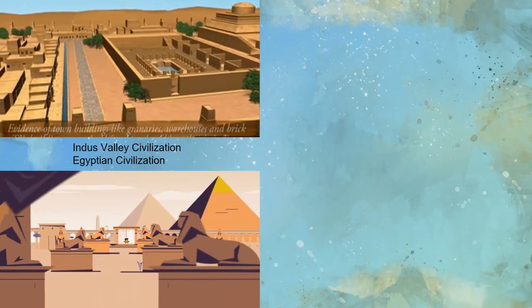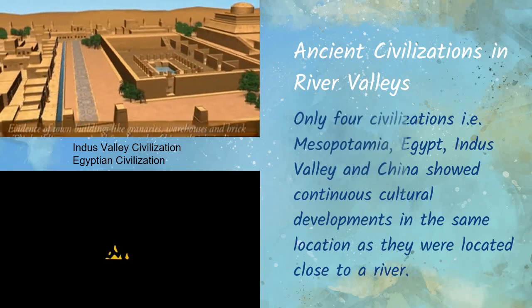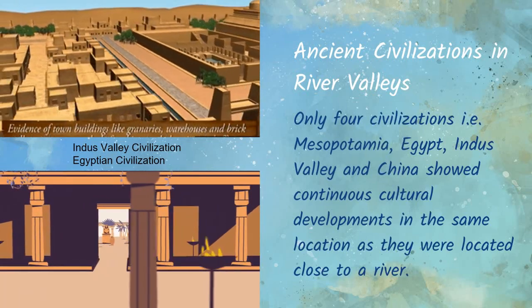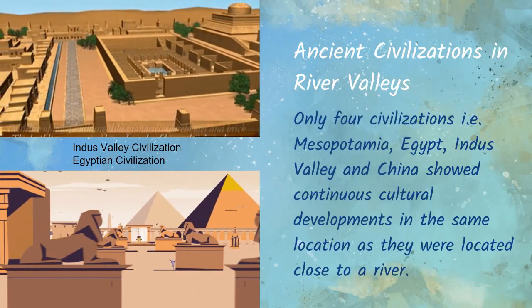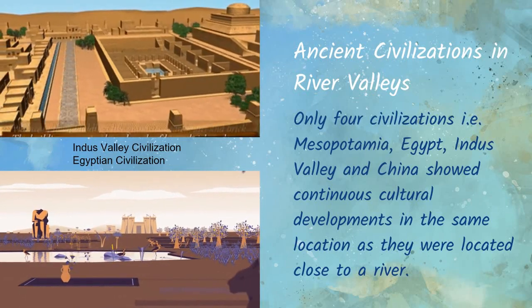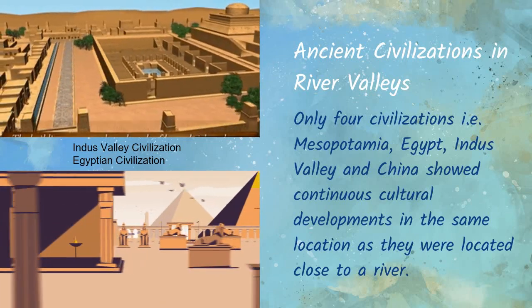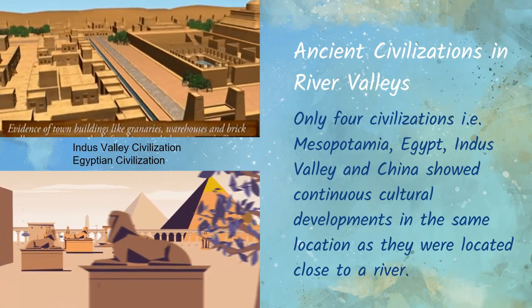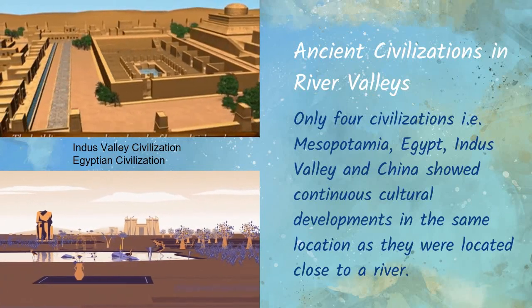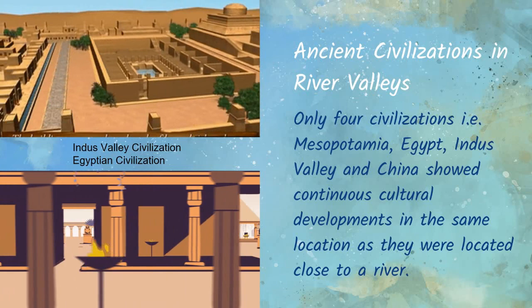Well, children, you know that farming always requires water supply. For the earliest societies, this meant rivers and streams or even regular rainfall. The first great civilizations grew up along rivers.